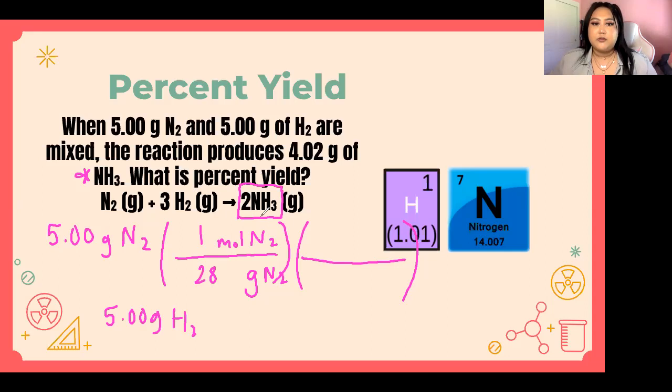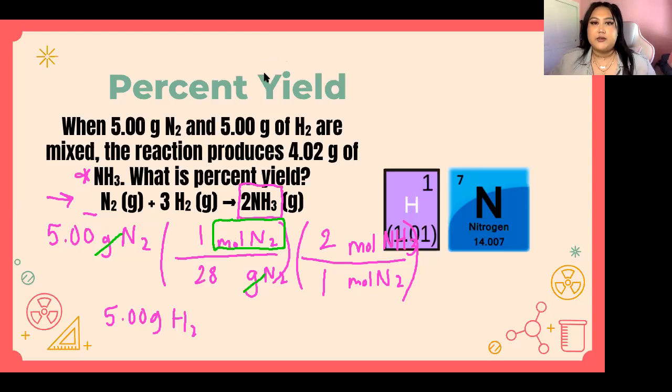So we bring down this moles of N2, and we look at the coefficient. There's nothing here, but that means we can assume that there's 1 mole. And the one that we're interested in is turning into NH3, right? So how many moles of NH3 are there in this reaction? 2. Yeah, perfect. So after we cross out the grams, we're left with moles of N2.